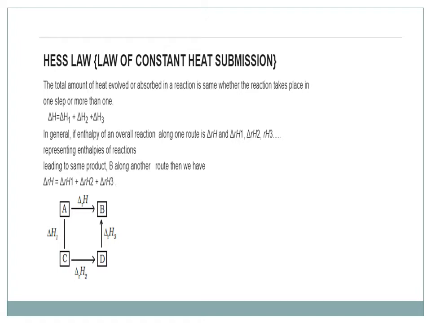If you draw a reaction in terms of a flow chart, I have to go from A to B. There is another way to move from A to B, that is by taking short steps. First, move from A to C. It involves enthalpy change delta H1. Then move from C to D. It involves enthalpy change delta H2. Move from D to B. It involves enthalpy change delta H3.